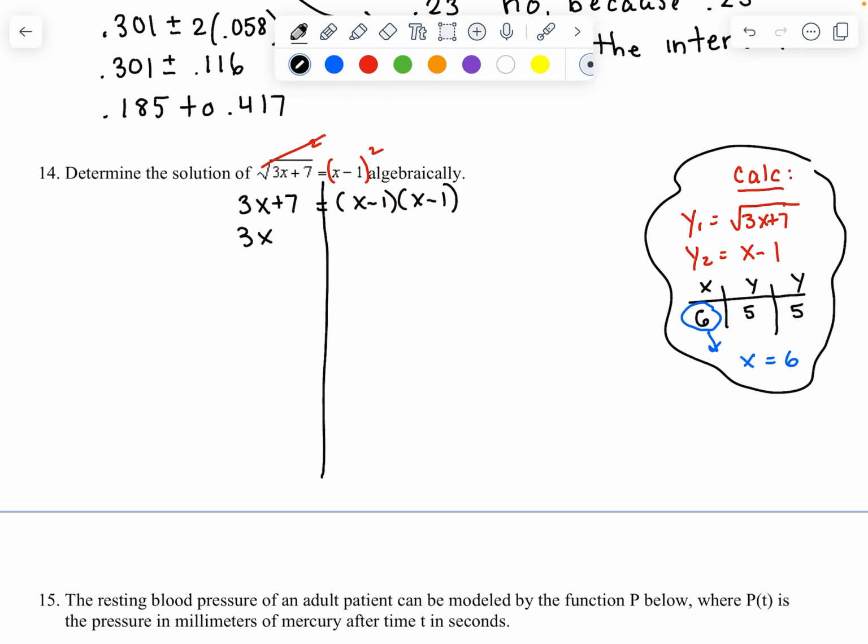Now, if you want, you can do the box method, or you can go ahead and FOIL. Be careful with your signs. So this is x squared minus 2x plus 1. And now we're going to go ahead and start combining.